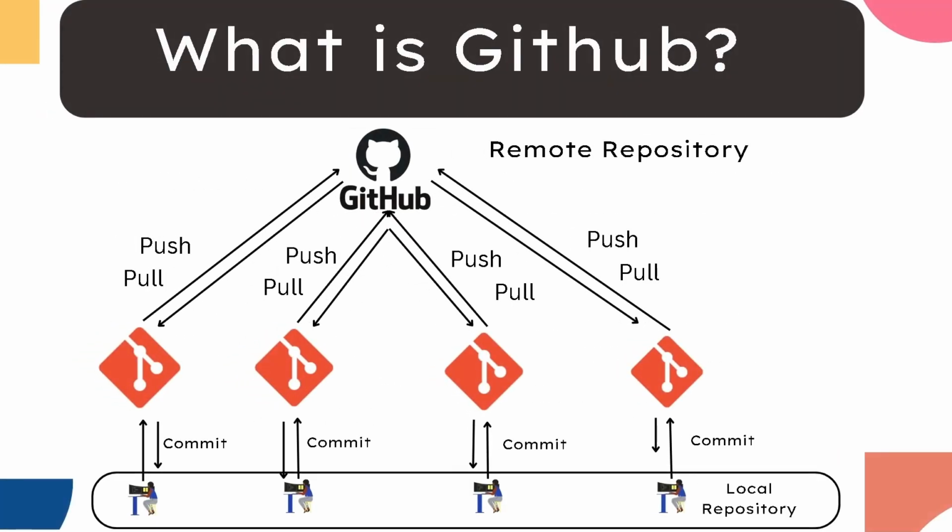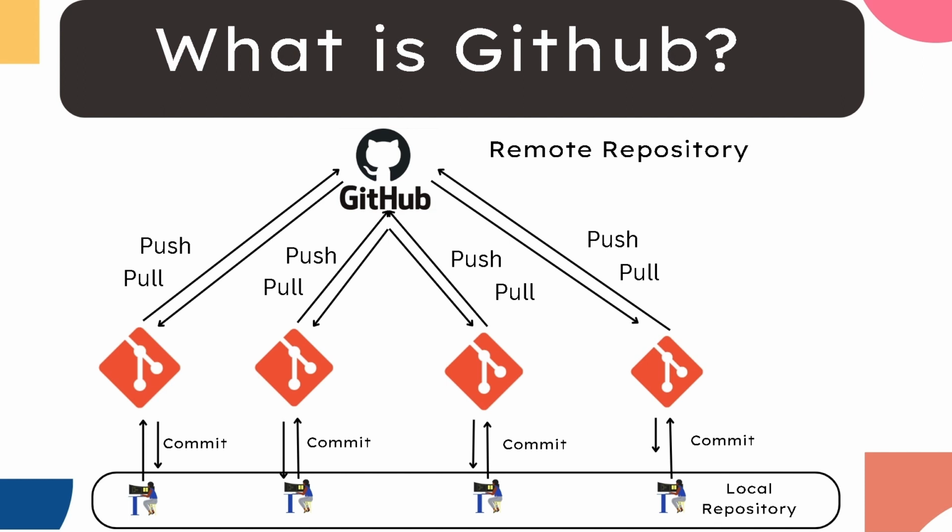From this diagram, you can clearly understand the difference between GitHub and Git. Git is maintained in the local for showing the code history of the particular repository on which you are working.